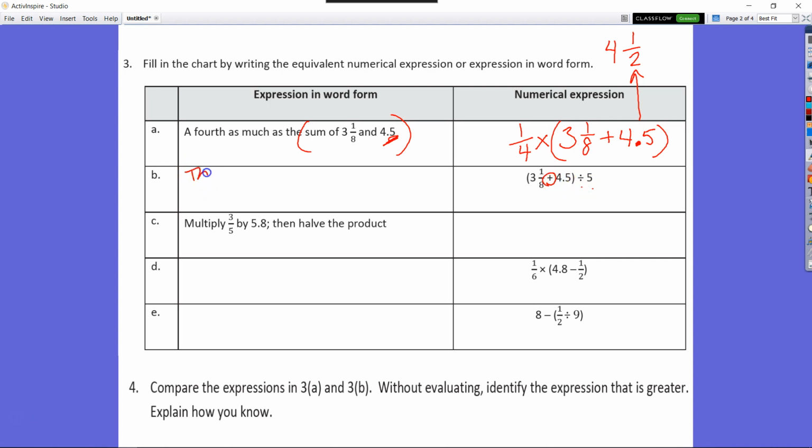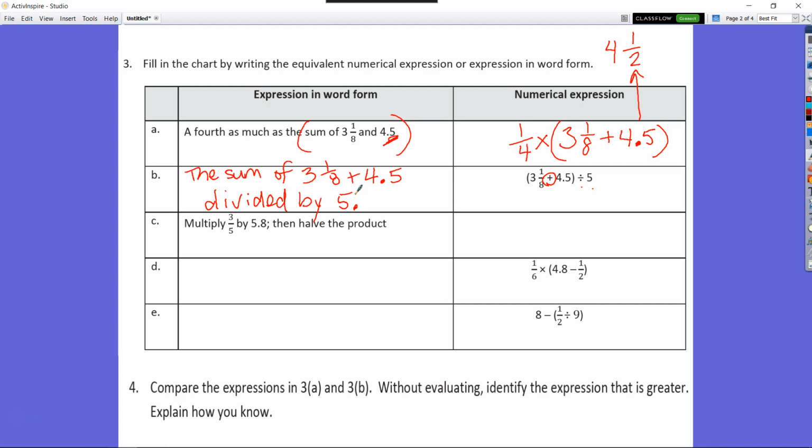We know it's addition, so it's the sum of 3 1/8 plus 4 1/2, or 4 5/10, divided by 5. All right, so that's our answer for B.